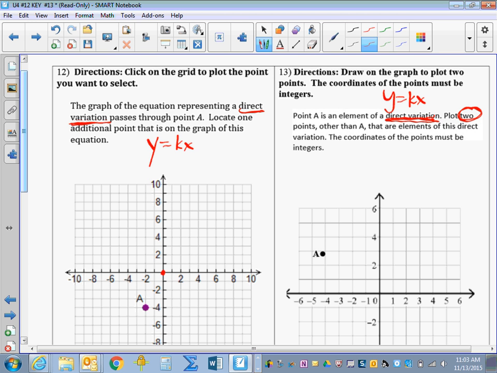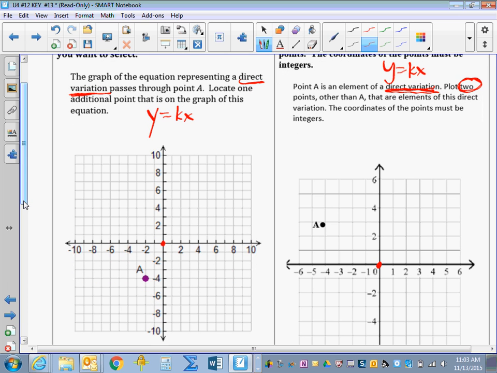Again, what is my y-intercept for all direct variations? 0. Okay, so we have one of our points. How do you think we'll find another point? We could draw a line and find another point, or we could even just find our slope.